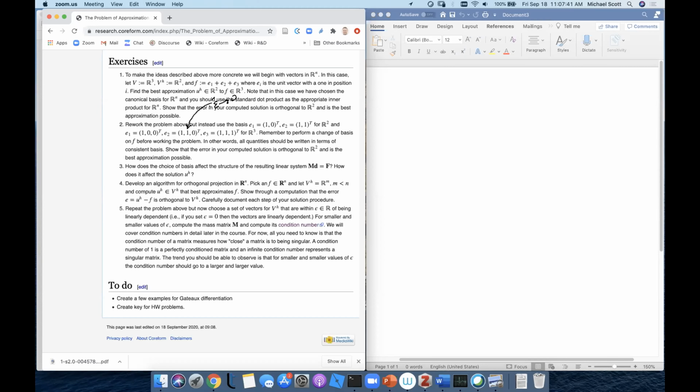And so as you let epsilon progressively get smaller, the condition number should get bigger. What you should see in your matrix is that you'll end up with columns that become more and more linearly dependent. In this case, you'll have 2 columns that are becoming the same column.